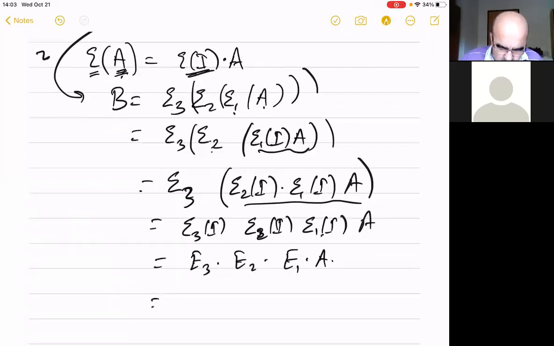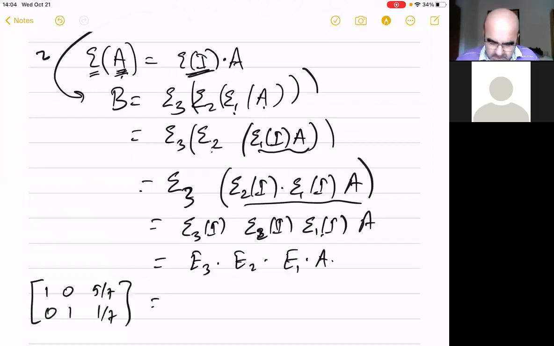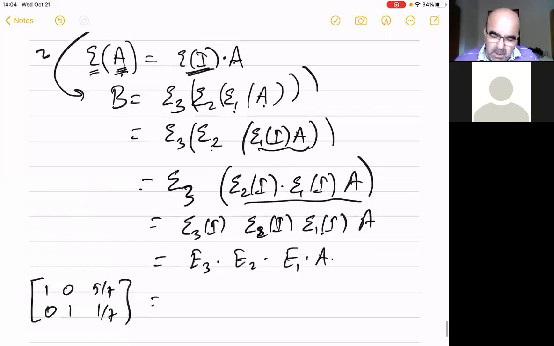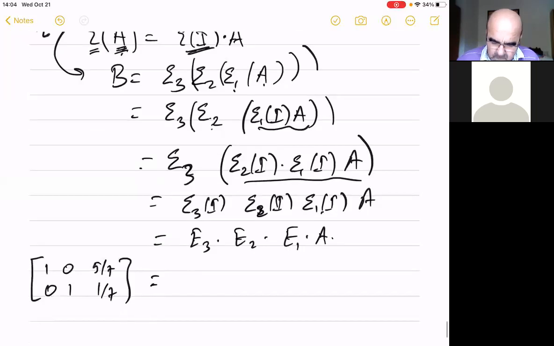So let me write once again. B is the matrix 1, 0, 5 over 7, 0, 1, 1 over 7. I hope it was something like this. And then epsilon3. What was epsilon3? 1, minus 2, 0, 1. So E3.